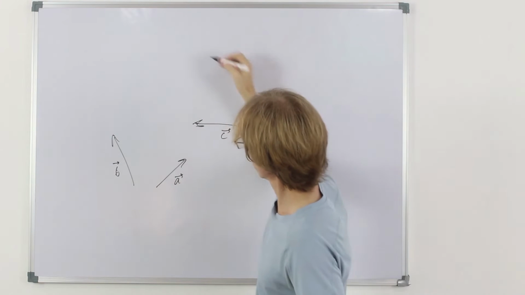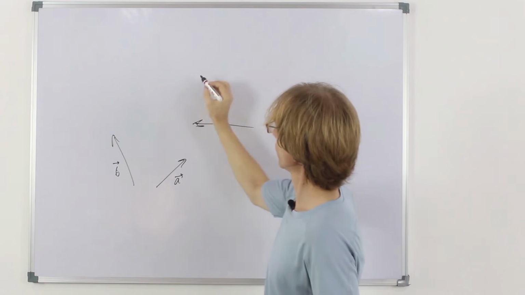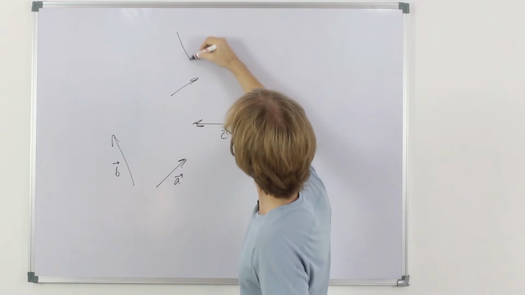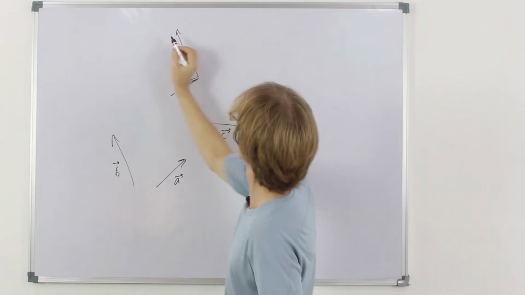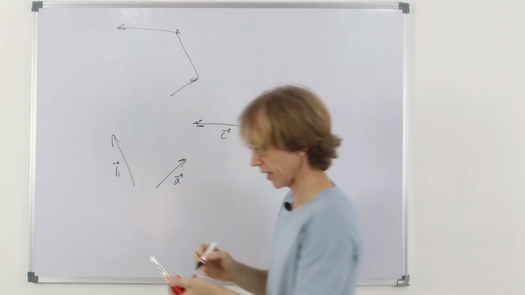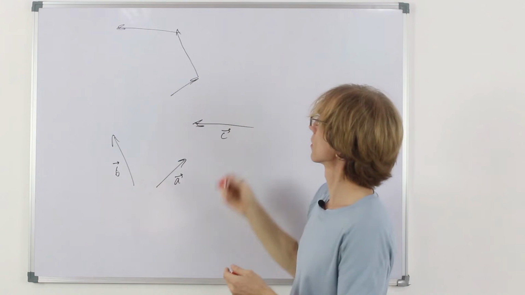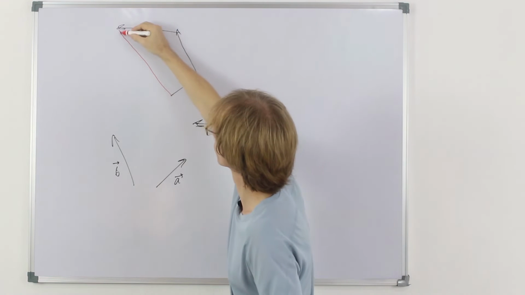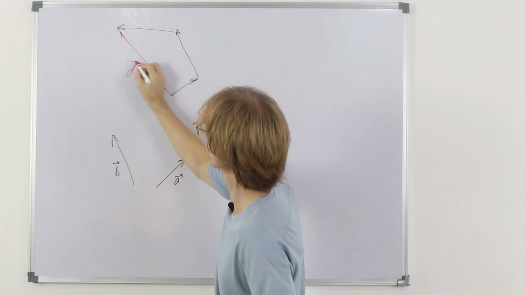That's a bit strange idea, but let's try it out. So let's start with A, B, and C. So that's our A, that's our B, I believe, and that's our C. I'm trying to keep the length as correct as possible, and that's our resultant vector, say D, and that's the sum.